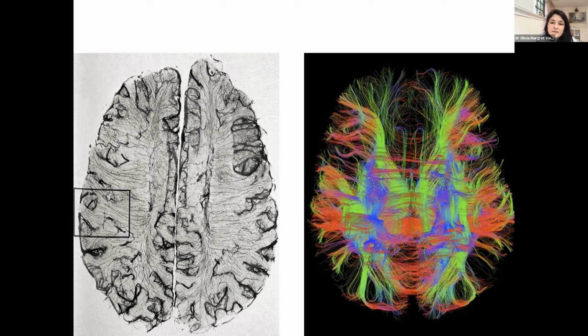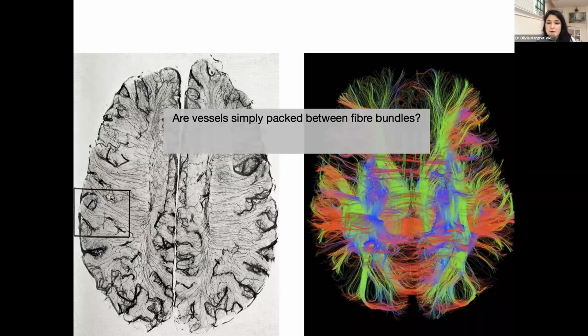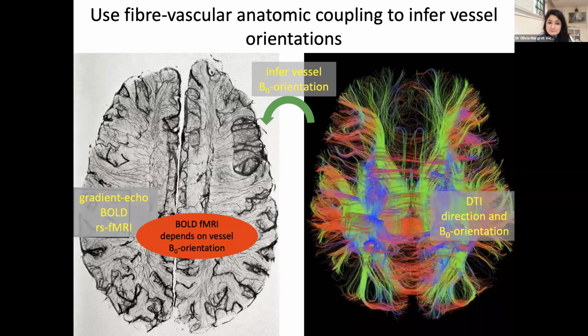So for the remainder of this talk, we will look into the fiber-vascular coupling in the deep white matter. This observation raises the question if vessels are simply packed between fiber bundles to optimize space, or if vessel geometry actually reflects blood flow regulation that might be linked to physiological or neuronal activity going down these fibers.